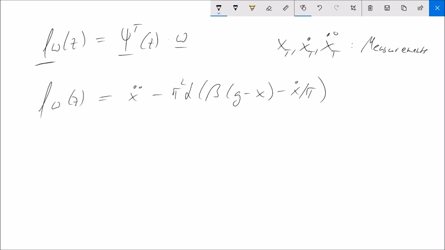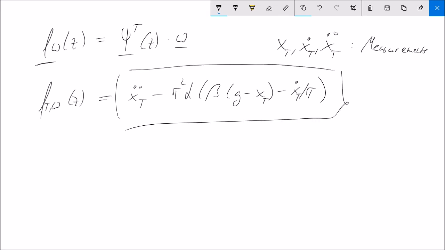Okay, and now we can simply add here a t to indicate that these are now our measurements, and then we have here also a t to indicate these are now really our measurements. So we got values for our forcing functions from our measurements, and our measurements of course should be all dependent on z. We should normalize our measurements as well.